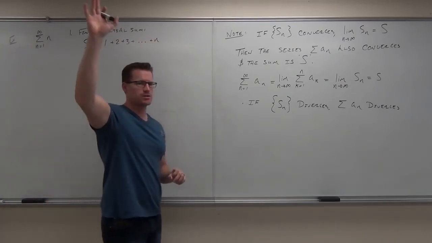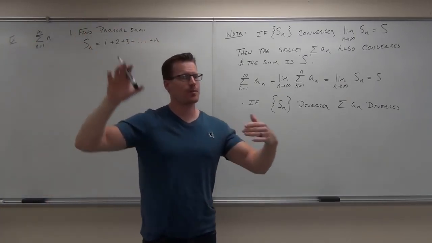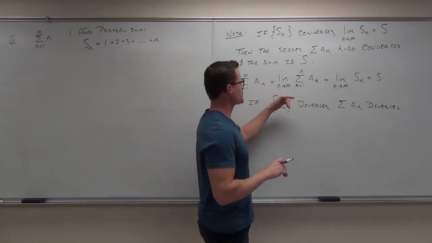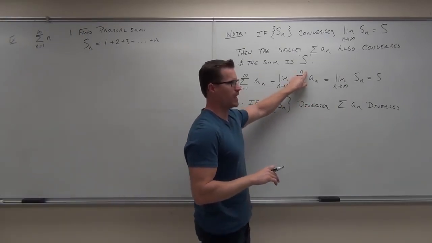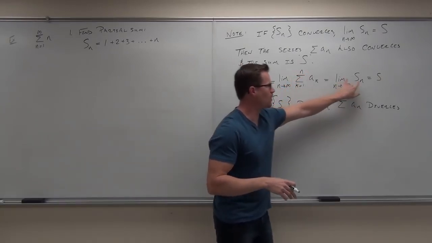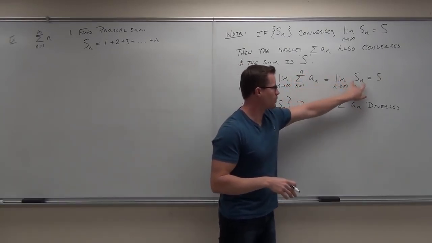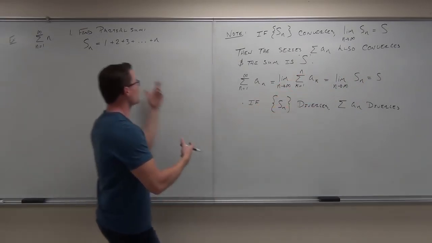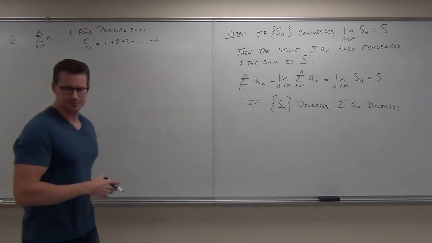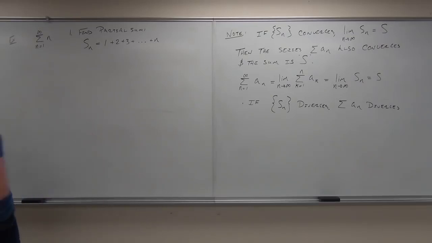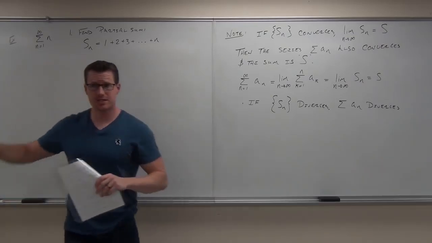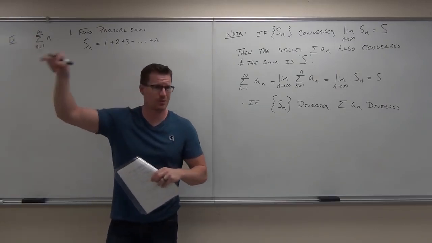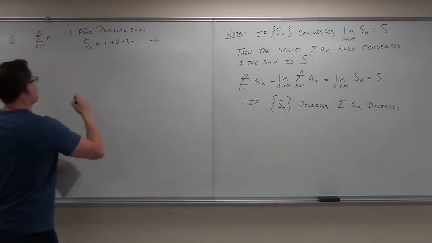Do you feel okay with that so far? Do you understand that I'm stopping because now it's a partial sum? I'm going from 1 to n. This is our partial sum here. So S sub n is, start at 1, go to n. We've just done that. Now, step number 2. This is where it gets difficult. Step 1 is typically pretty easy. You just plug in some numbers, and then you ultimately plug in n, no problem.